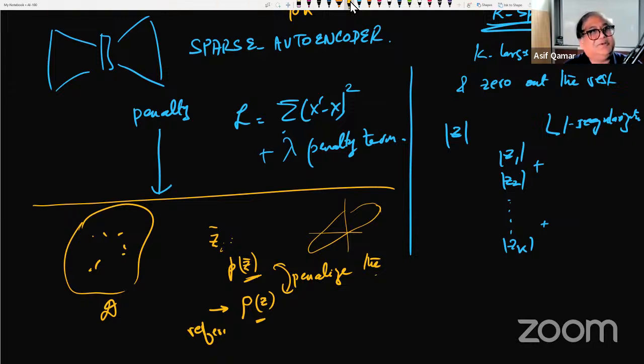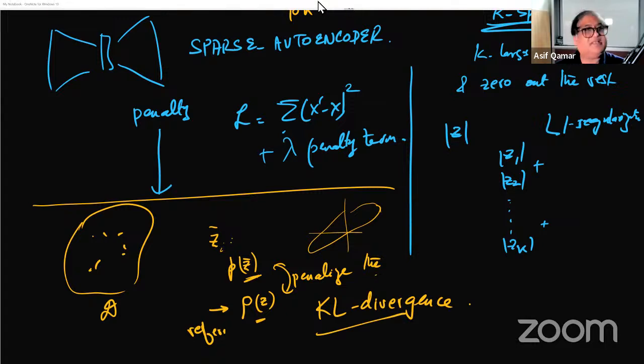Because it was so widely circulated, I have put it on your course portal for sparse autoencoders. It's a little bit mathsy, and you will see things like KL divergence. What KL divergence is, I'll explain to you next time. A KL divergence is like, I expected this, you got that. I'm not happy. Right?